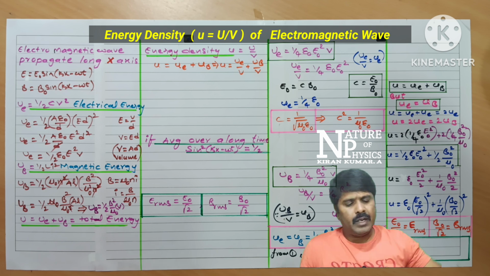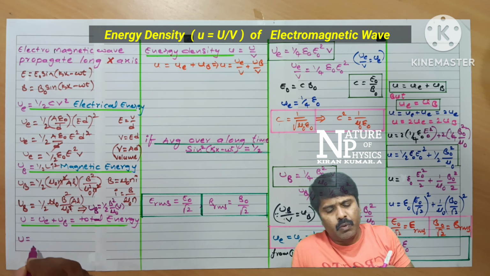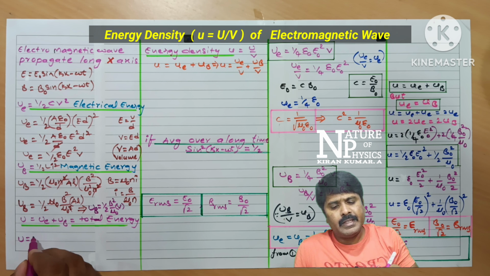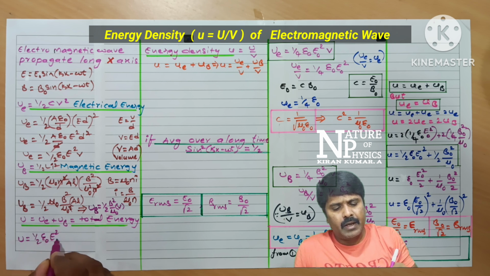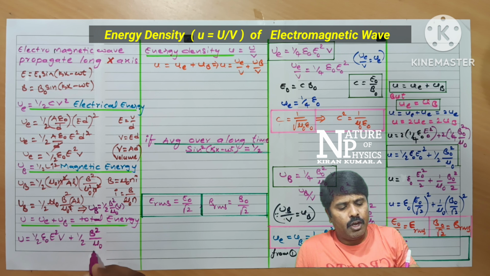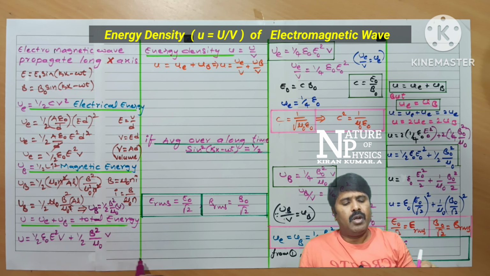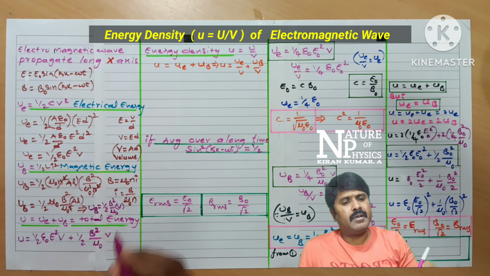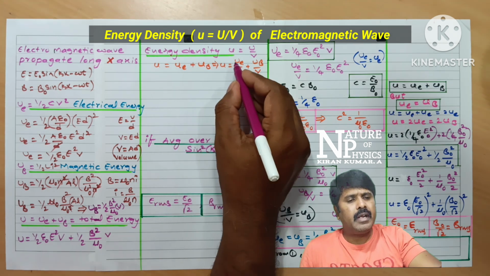So total energy U is equal to UE, which is half epsilon naught E square V, student, plus UB, which is half B square divided by mu naught into V. Here V represents volume, student. And in continuation, I can write here energy density, student.